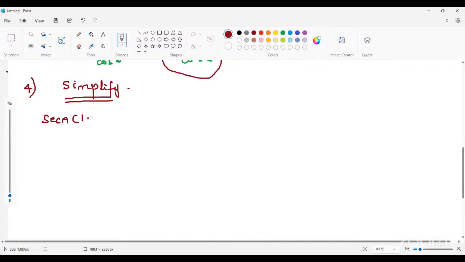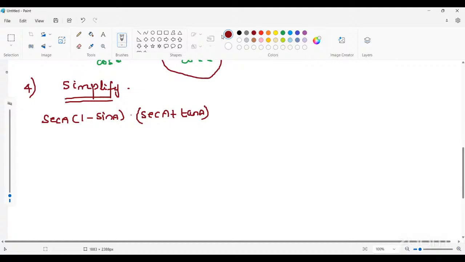Secant A into 1 minus sin A into secant A plus tan A. Okay. See it very carefully. Secant A into 1 minus sin A into secant A plus tan A.